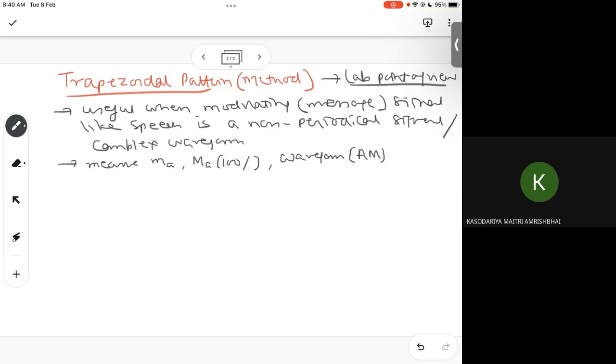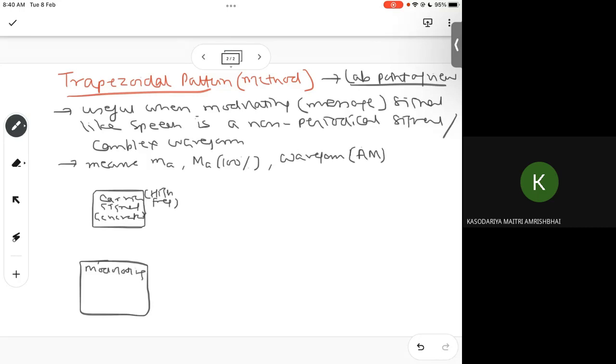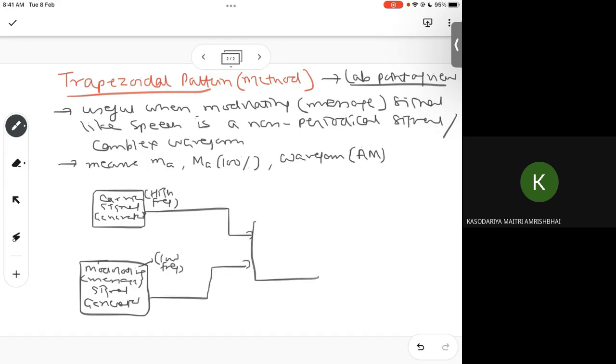How do we do this experiment? The procedure is like this. There is a carrier signal generator. Carrier is nothing but a high frequency signal. And then we have a low frequency signal, the modulating signal, which we use as the message signal. We give these two inputs to an amplitude modulator.